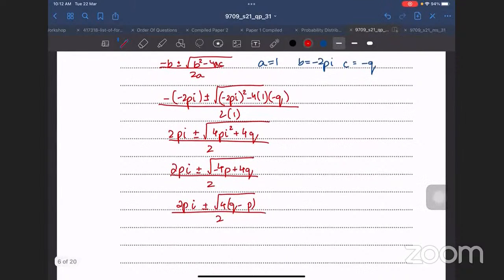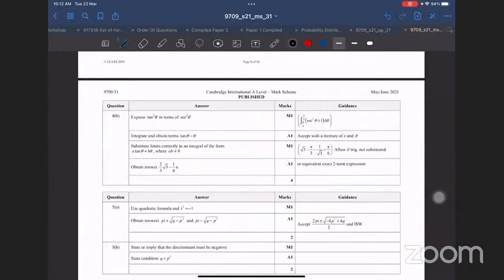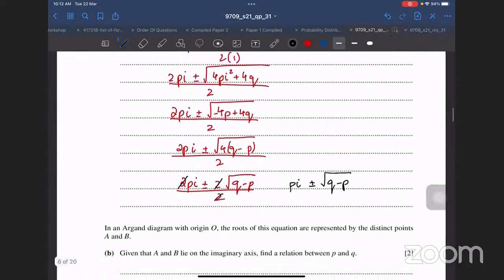Root of 4 is 2. So 2pi plus minus 2 root of q minus p over 2. This 2 can factor out and get cancelled. So I get pi plus minus root of q minus p. Check if that's the correct answer. Yes, there are 2 answers. I can just separate them if I want.